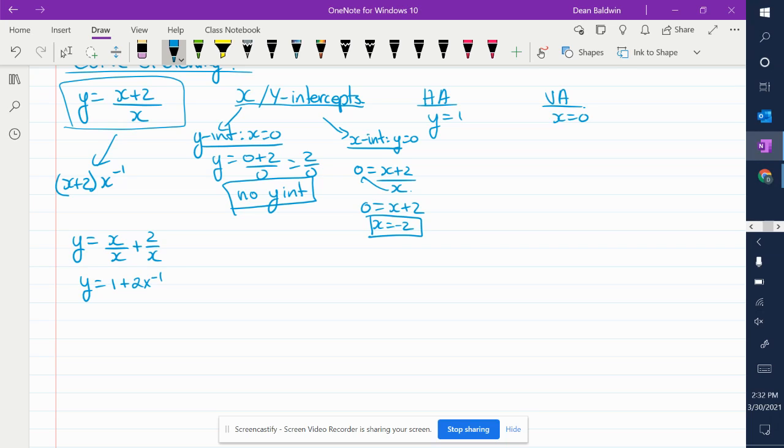Okay, so let's do the derivative of that one because that's probably going to be the easiest. So what's the derivative of this? Yeah, so the derivative of 1 is 0. The derivative of 2x to the -1 is -2x to the -2.